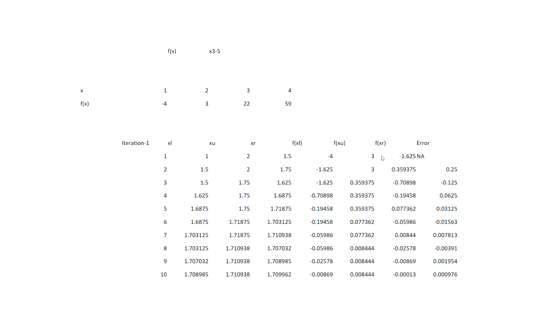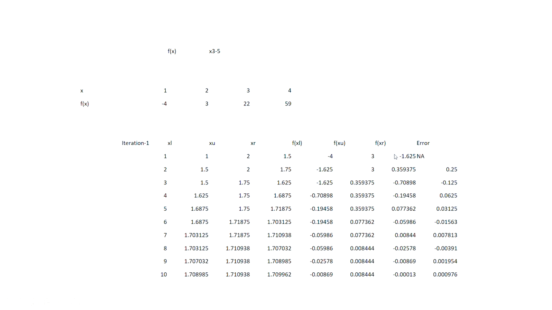So the idea is that we will compare the sign of f of xr with f of xl and f of xu. Either xl or xu will be replaced with this xr based on the sign of this function.